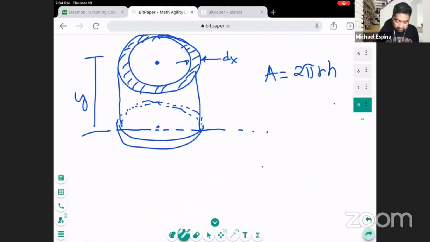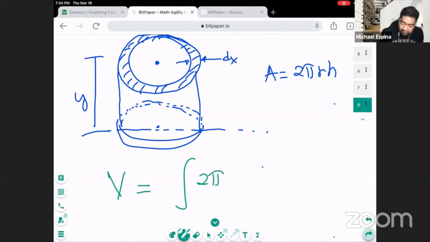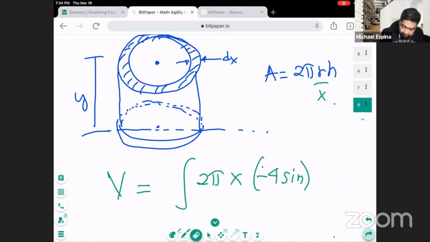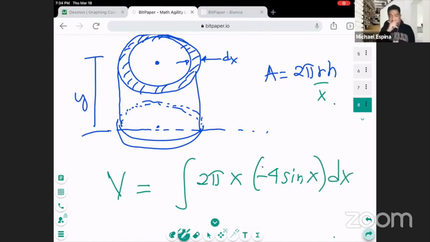We already know the formula for our volume, and we know that dx is our thickness. So V will now be equal to 2 pi, the r would be your x, and then h would be your f of x, which is negative 4 sine of x, dx, right?